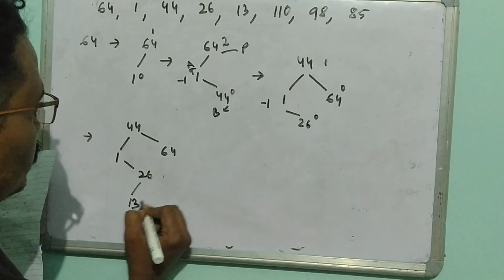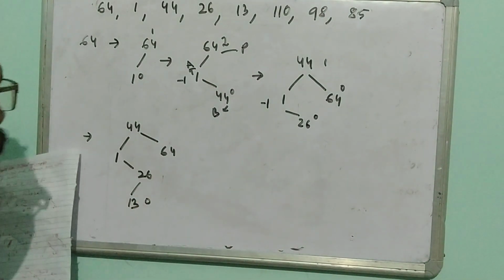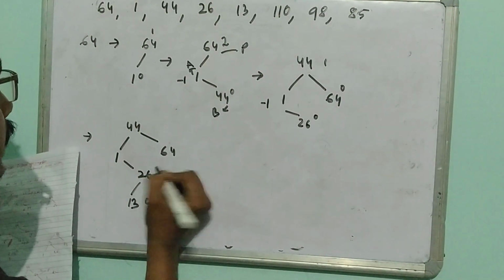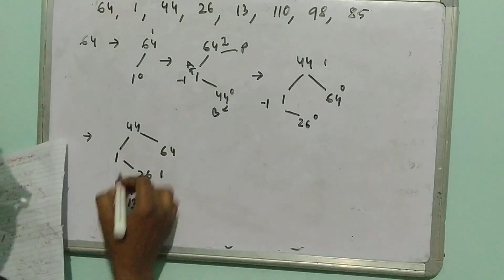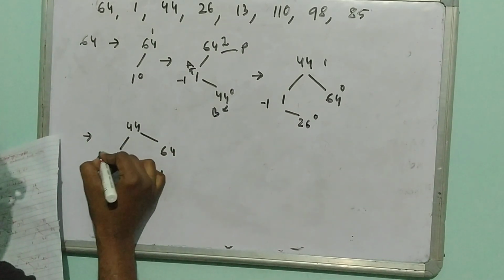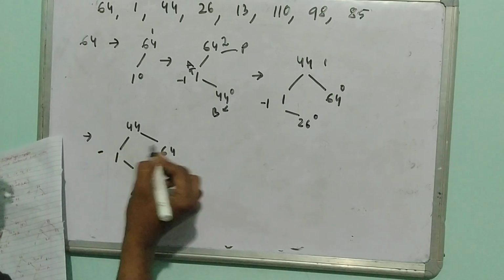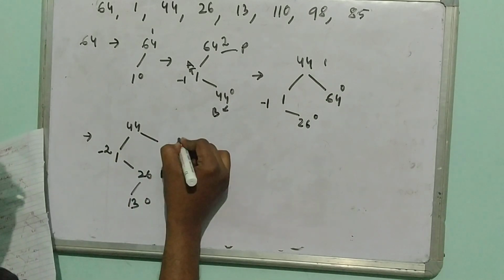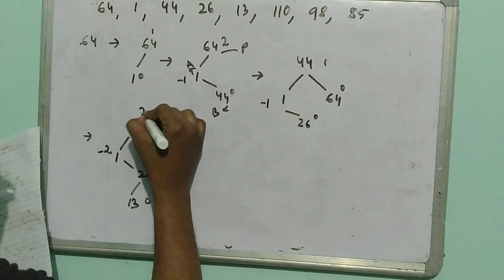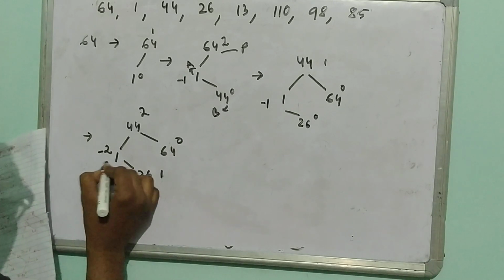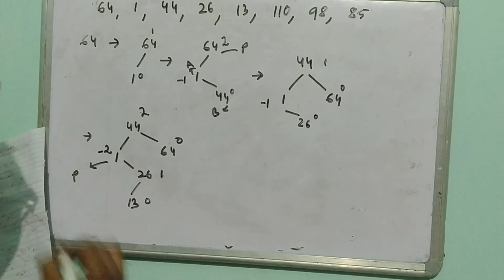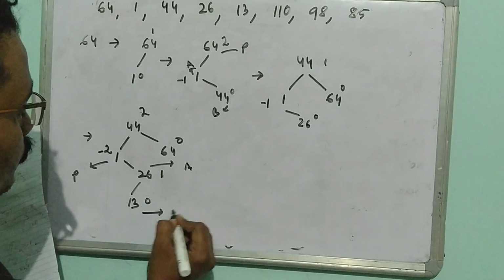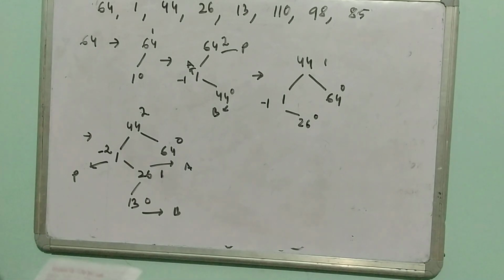So 13 becomes 0, this becomes 1, earlier it was 0, and this becomes -2. Whenever it becomes -2, this becomes the pivot node, and the right child becomes A, and this becomes B.